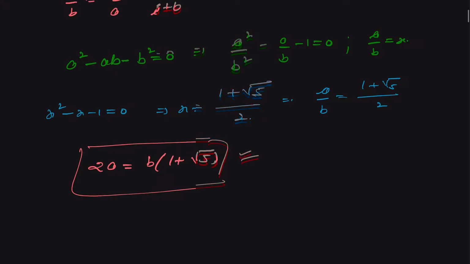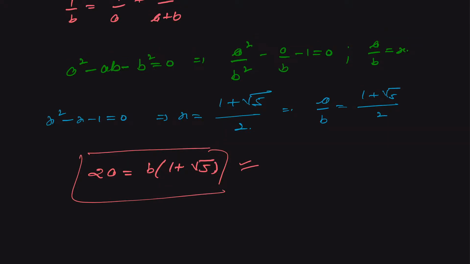Okay. And if we look closely, this relationship, or ratio of A upon B, is nothing but the golden ratio, 1 plus square root of 5 upon 2. This in general is also called the golden ratio.